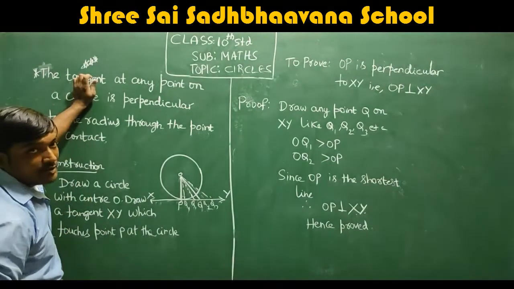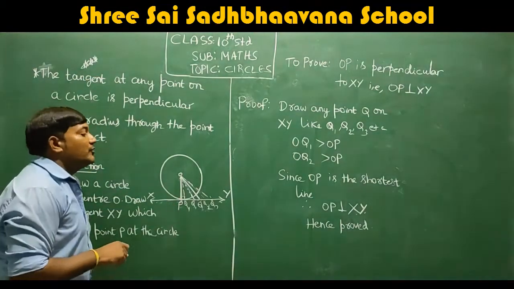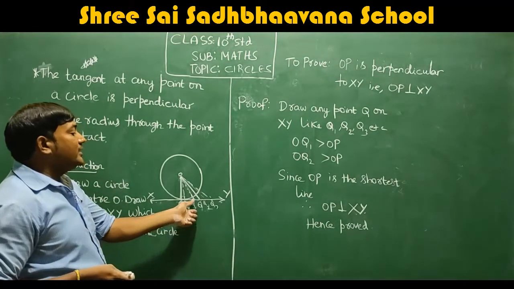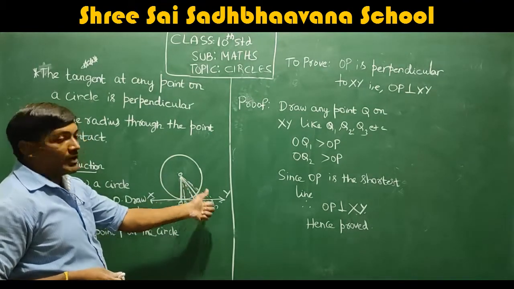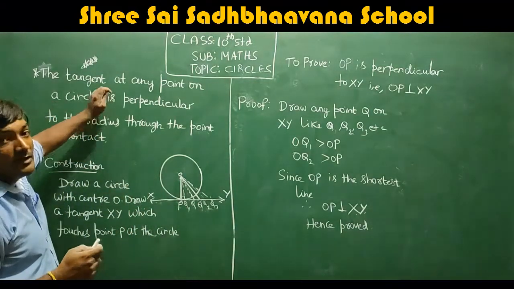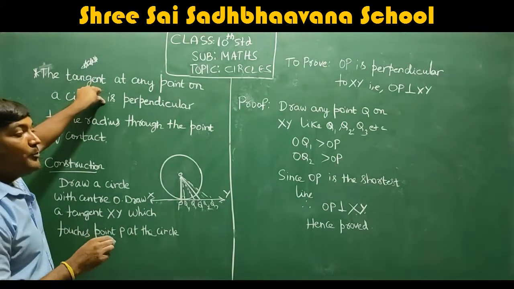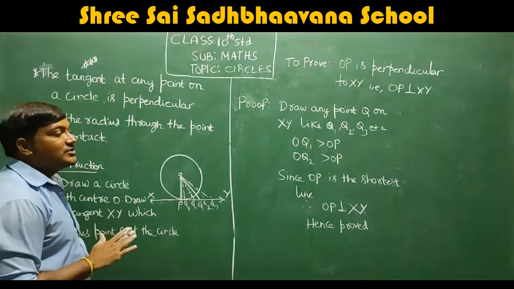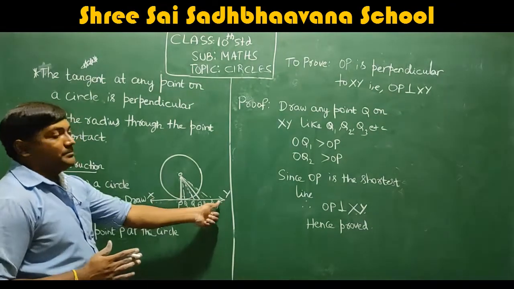They are not touching the circle. This P is the common point which touches the circle and the tangent also. We drew the lines and checked, and those distances are always larger compared to OP. So OP is the shortest line, which makes the shortest distance. Always remember the shortest distance is always perpendicular to the line.